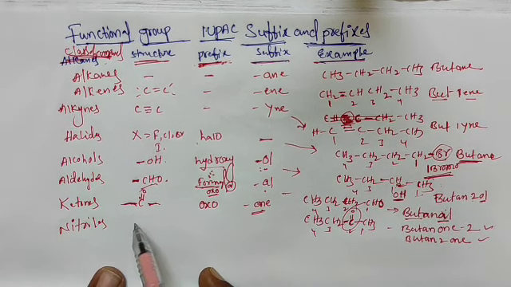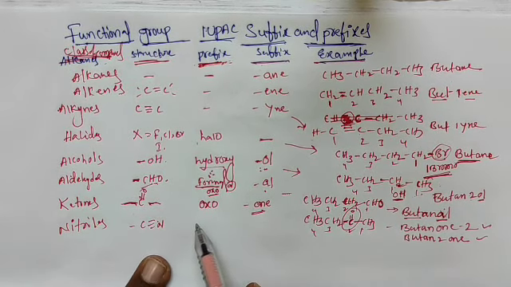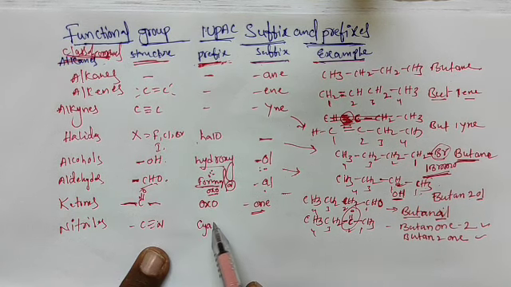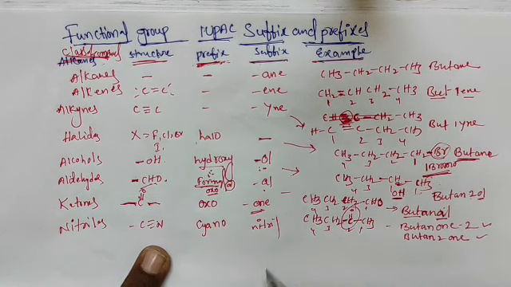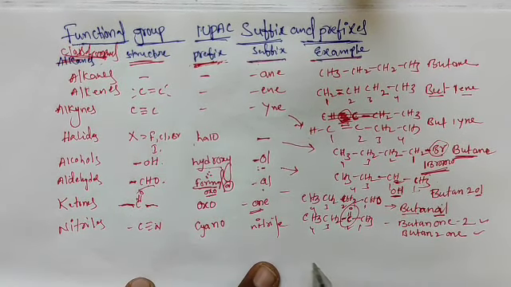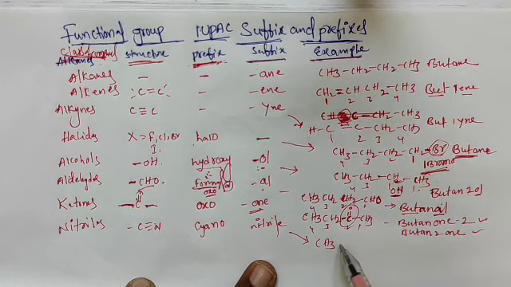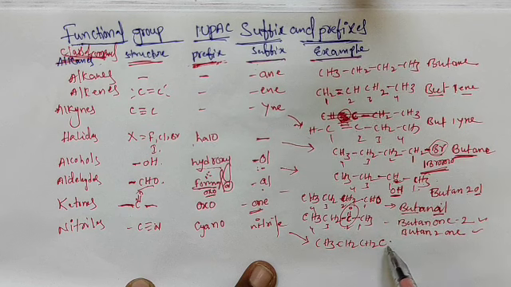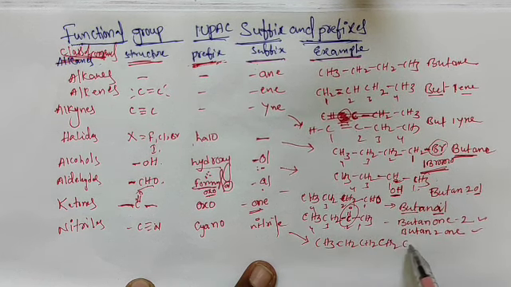Next, nitriles. Nitriles means cyanide, C triple bond N. For this, the prefix is cyano and the suffix is nitrile. Example: CH3, CH2, one more CH2, CH2, CN.